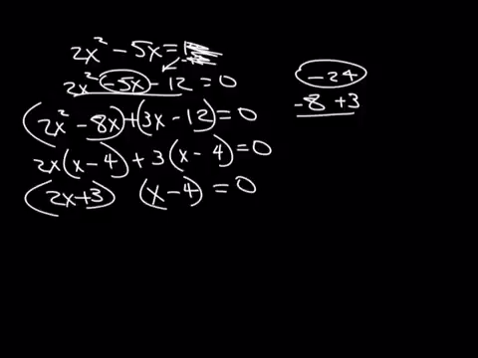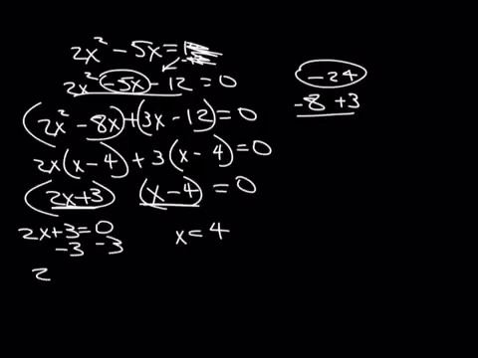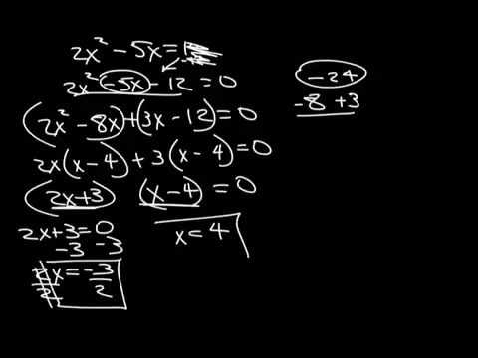All right, so again, I just look at this one here, and I know that x equals 4 here, the opposite of the negative 4. This one here is a little bit different. I have to actually, again, do the math. Minus 3, 2x equals negative 3. And then I have to divide by 2, and I get x equals negative 3 halves. So those are my two answers for this one.